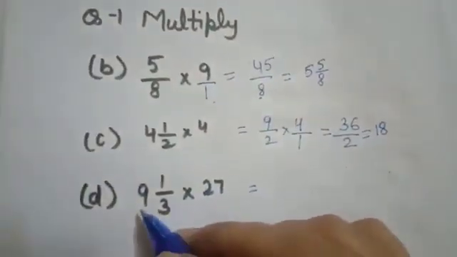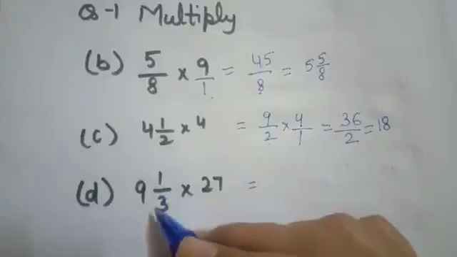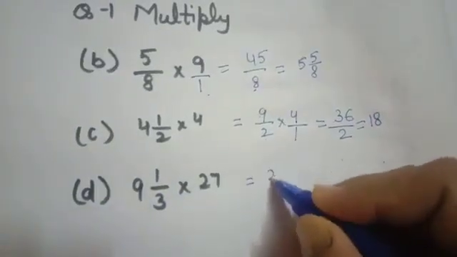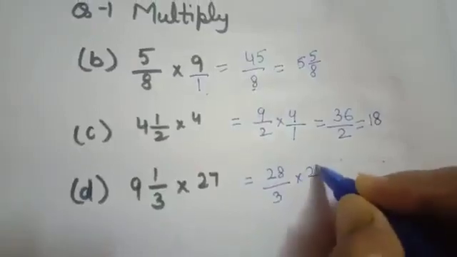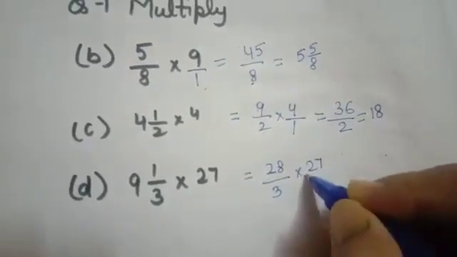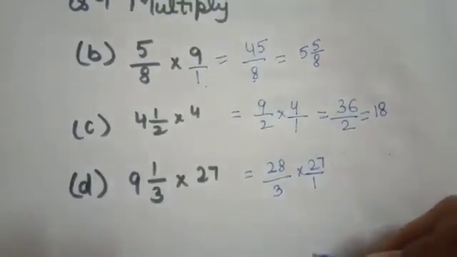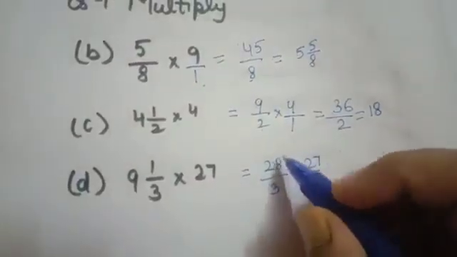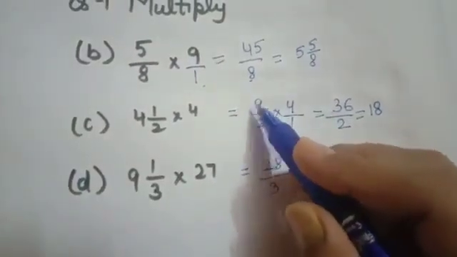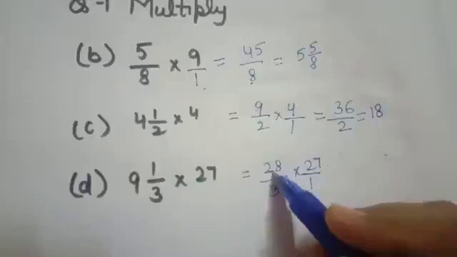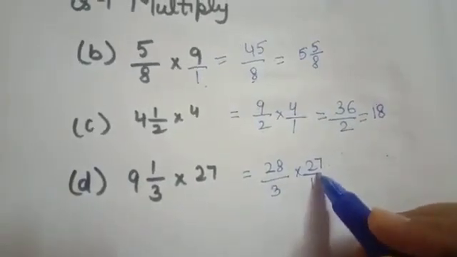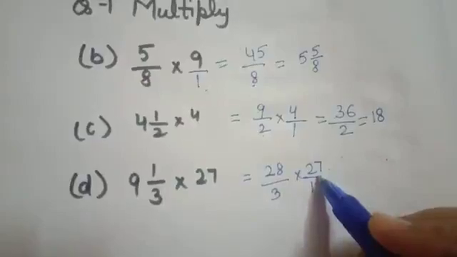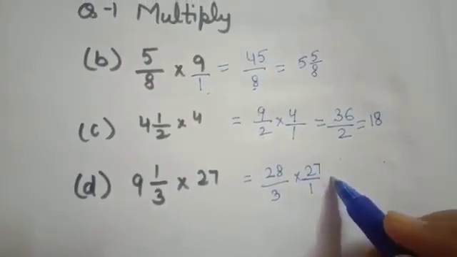Let's see its D part. It's also a mixed number. When we convert it into an improper fraction, it's 28 by 3 into 27. There's nothing under 27, so write 1. But if we apply this method, that numerator is multiplied by the numerator, then 28 is multiplied by 27, which are big numbers, and the multiplication cannot be done orally.